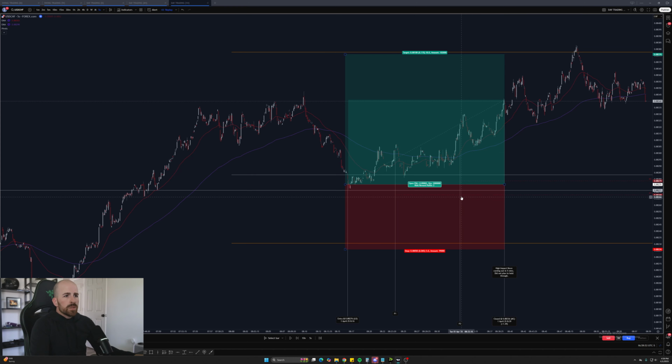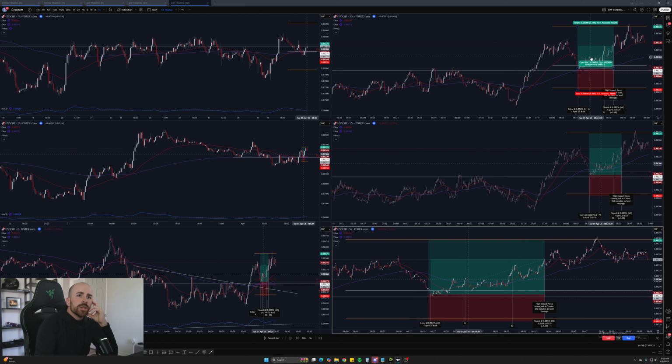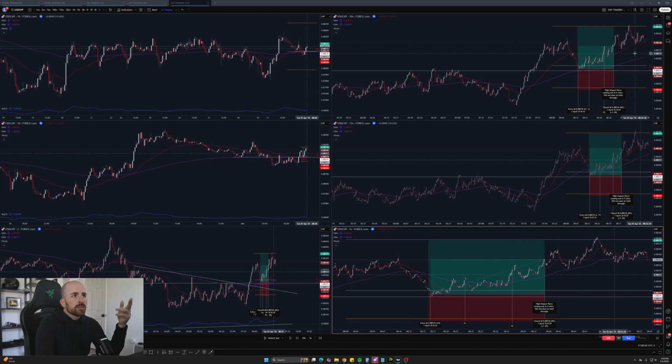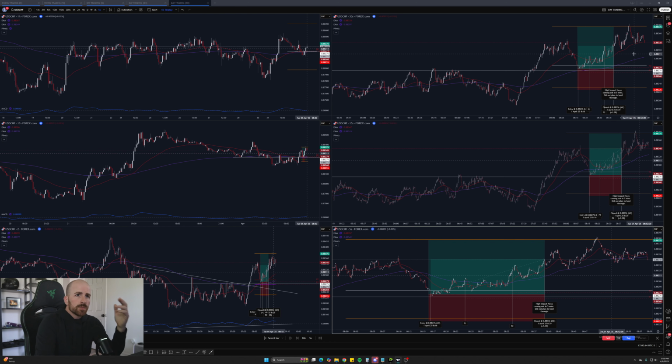And then P2 comes into play. P2 for me is when price comes back and retests the 30-second 50 EMA as support and then gives me a confirmation, a bullish or bearish push. It just depends on which direction I'm trading. In this case, I need a bullish push because that's the direction I'm going.